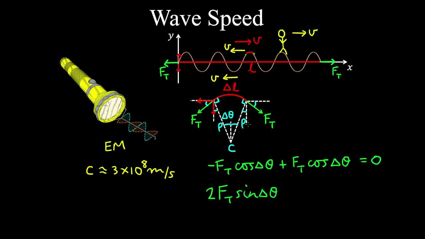And we're going to use a small angle approximation, meaning that sine of the angle is approximately equal to that angle for angles much less than 1. So therefore we take sine delta theta as delta theta. And therefore the net force is assumed to act towards the center of curvature for small angles.